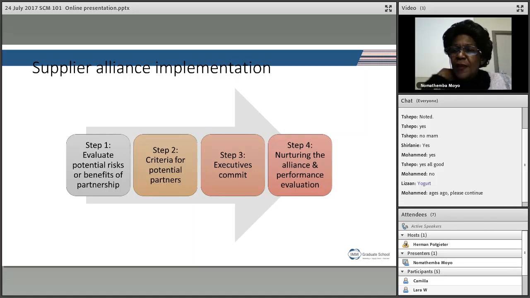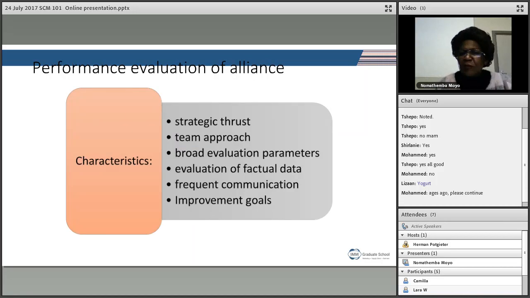Step 4, you now nurture this alliance and you evaluate and improve. You train them, you meet, and say where they are failing, and improve them. You work together. You manage conflict if ever there's any, amicably, and try to reduce conflict.